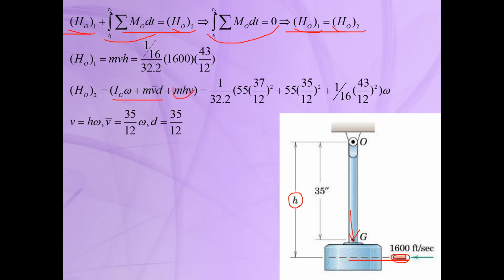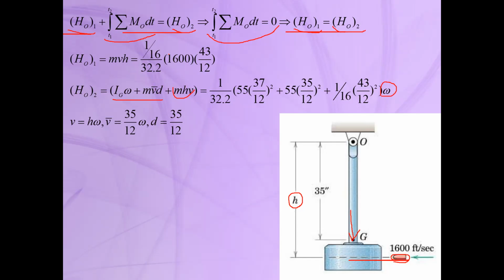We know that the bullet will rotate about point O with the same angular velocity omega as this compound pendulum, so v is equal to h times omega. So here it will be mh squared times omega. So we can substitute and find the final angular momentum with this term as a coefficient of omega.